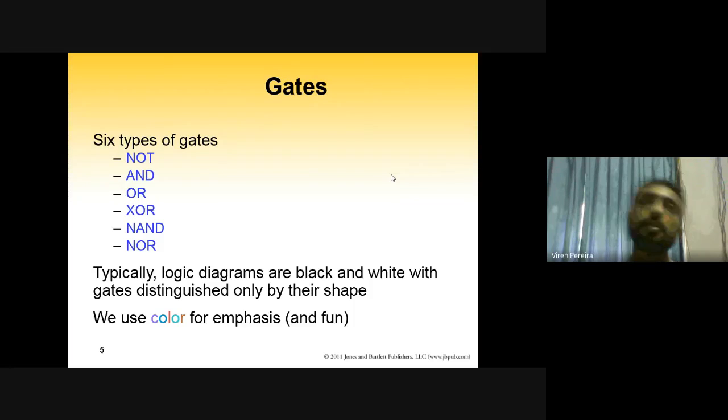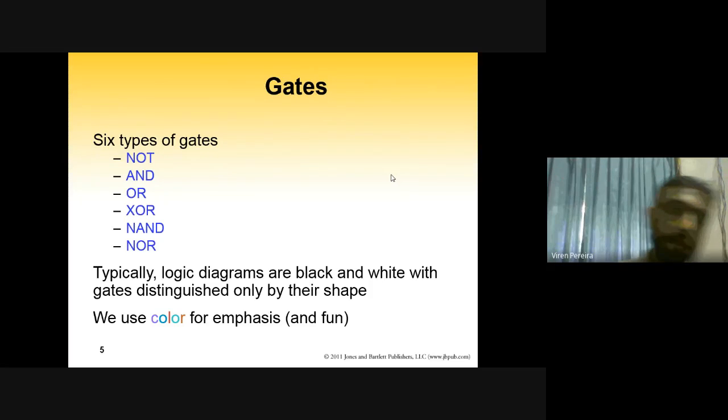AND gate is what? It uses a multiplication operator. So if you have 2 inputs, A and B, say A is 0 and B is 0. 0 into 0 is what? 0. Then again, A is now 0, B is 1. 0 into 1 is what? 0.